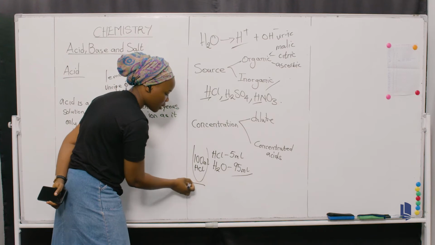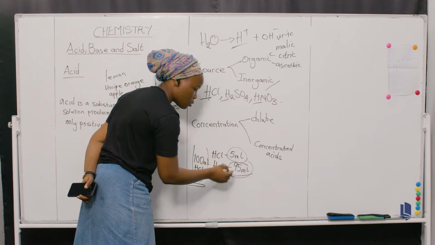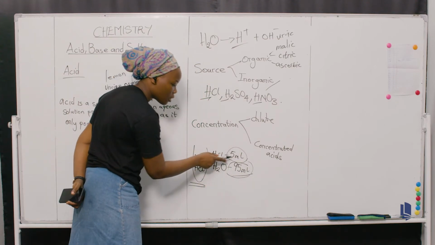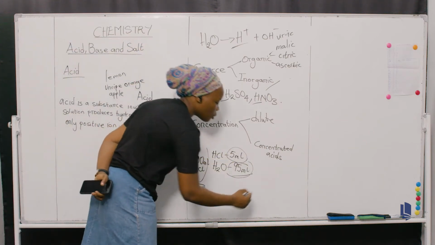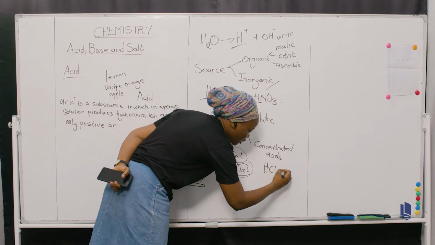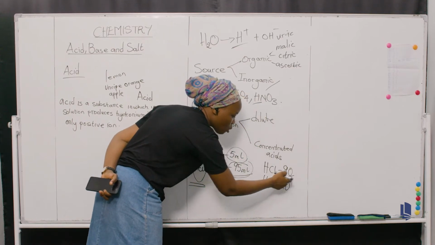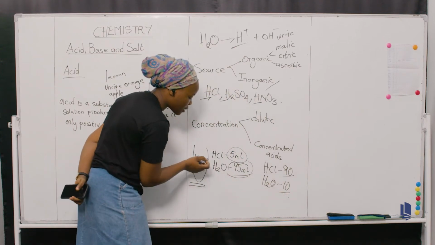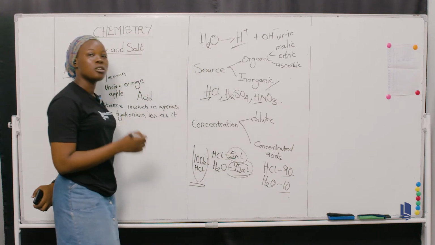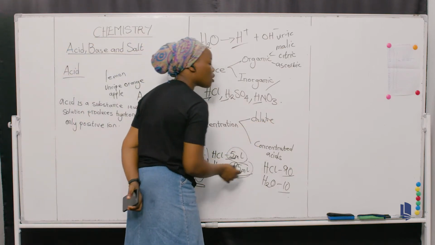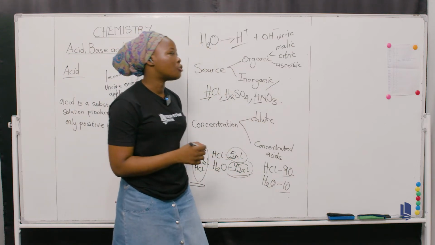This acid prepared would be a dilute acid because we have more of the solvent to solute. Unlike when you have 100 ml and the acid is 90 and water is 10. Acid here is the solvent, the water is the solute. Whereas for dilute, the acid is the solute, whereas the water is the solvent. So based on the quantity of water in the solution determines whether it is dilute or concentrated.